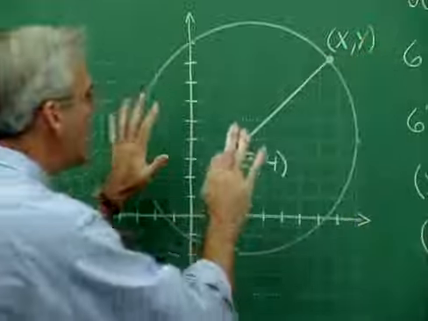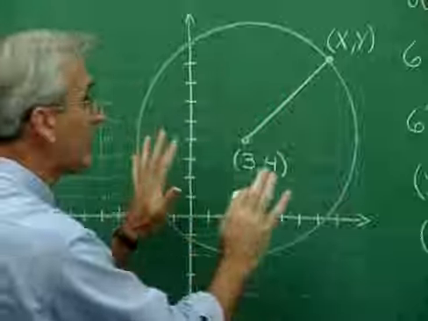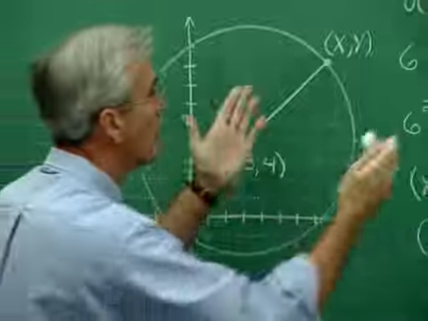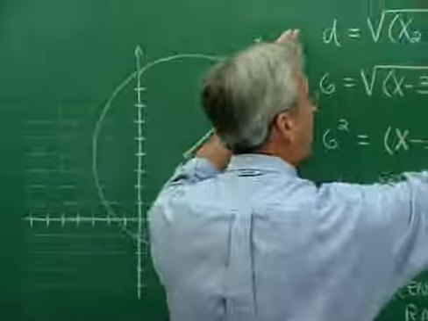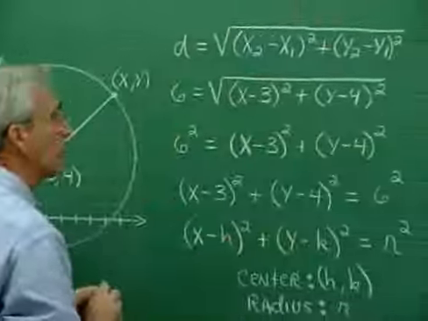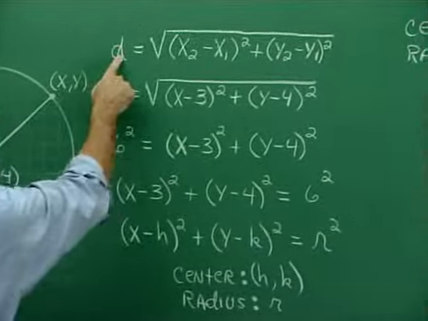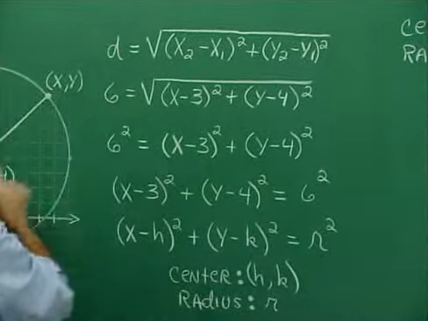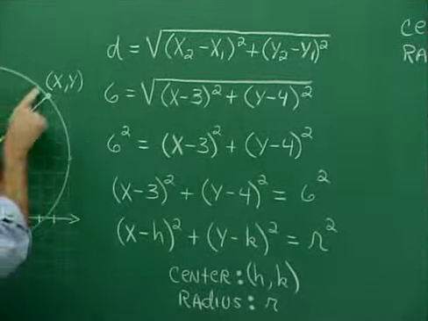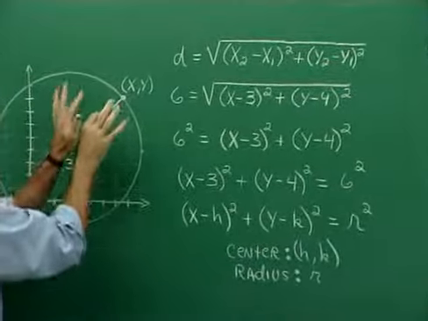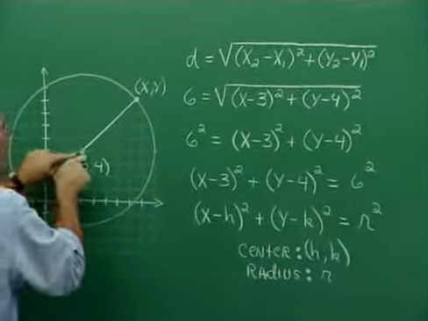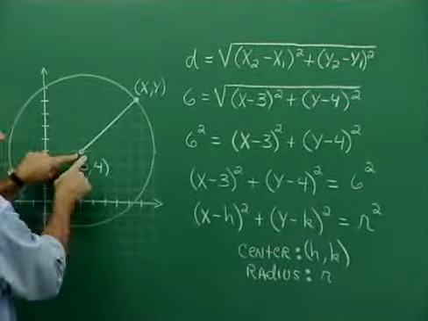And now let's begin the process of developing the equation associated with this by just taking our distance formula and putting in information that we know. Now the distance that we're talking about is 6, and it's distance from this point to the edge of the circle. All right, the points on the edge of the circle are kind of general x, y pairs, but the point in the center is a specific 3, 4.